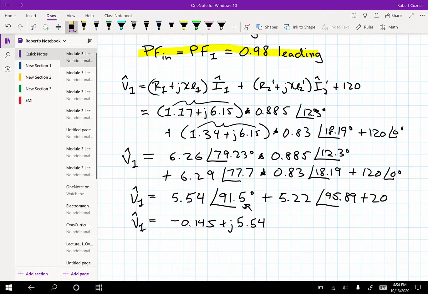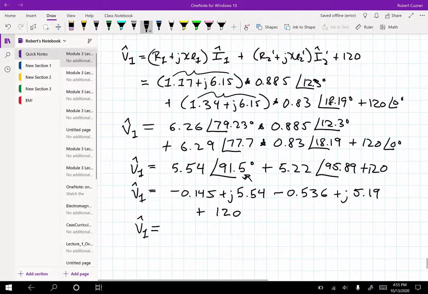So let's just go the rest of the way and see what we end up with. This is very interesting. The real component of the voltage is going to be negative. And let's see what happens. This is because we had a leading load.